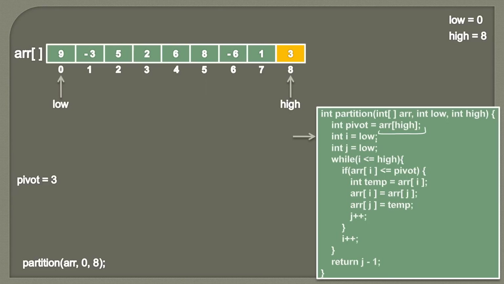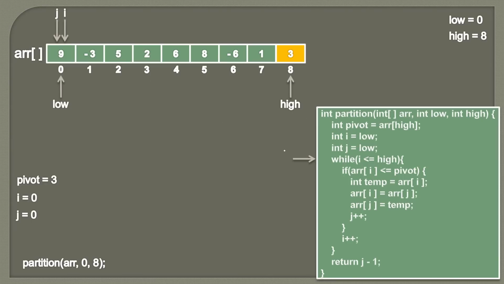Both start from low, which is the starting index of our array, or the starting range of the array from where we need to do the partitioning. So i starts from low, which is index 0, and j starts from low, which is index 0. Now we traverse each and every element of this array with a while loop, where the condition is that i will traverse till it is less than or equal to high.